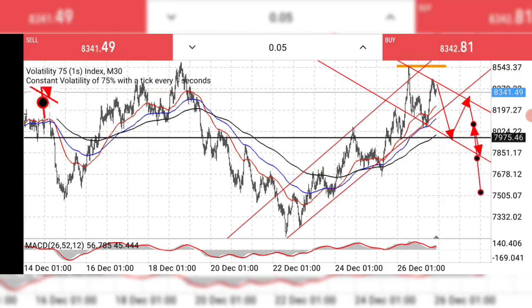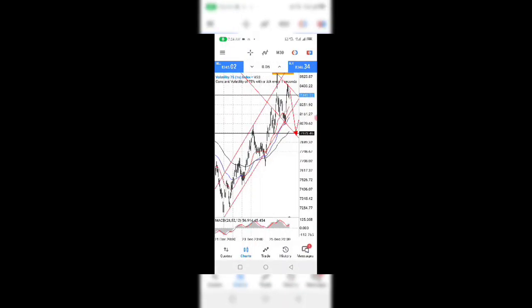In the middle it is a little bit higher, but you will make it because this is a sure plan, a sure signal. That's good.